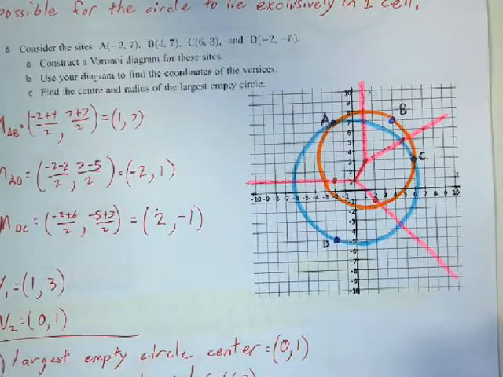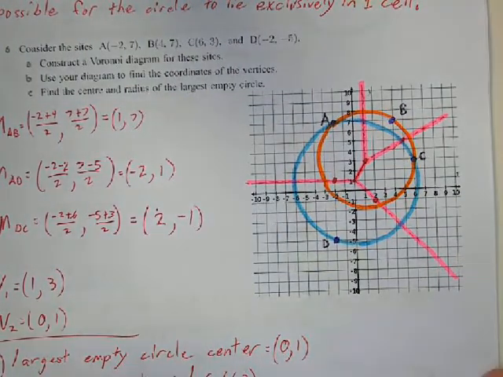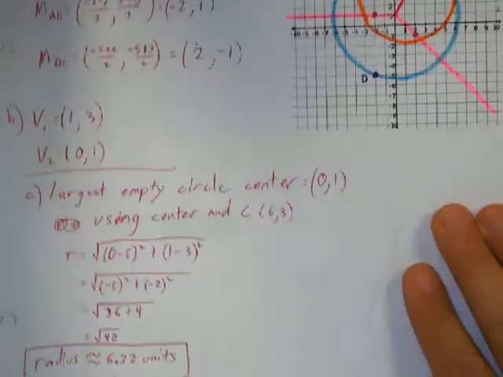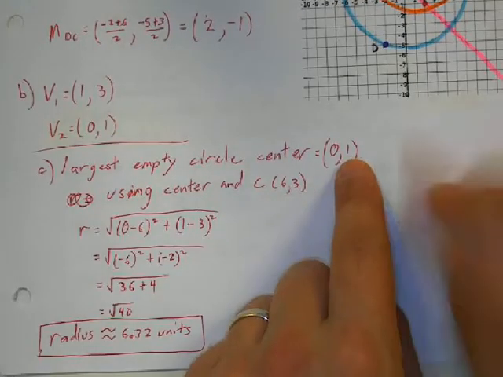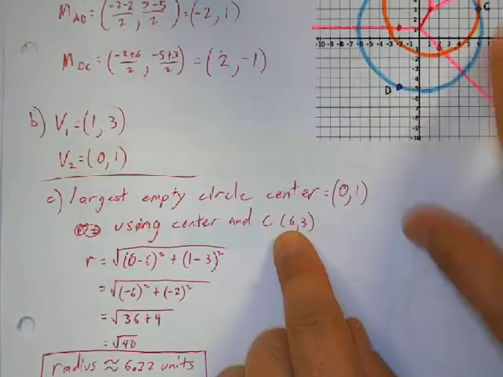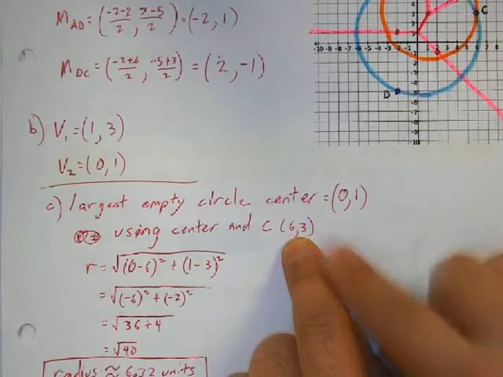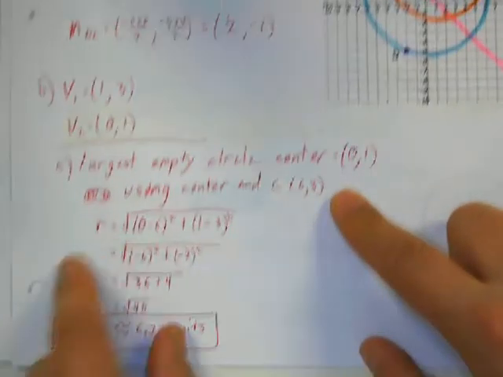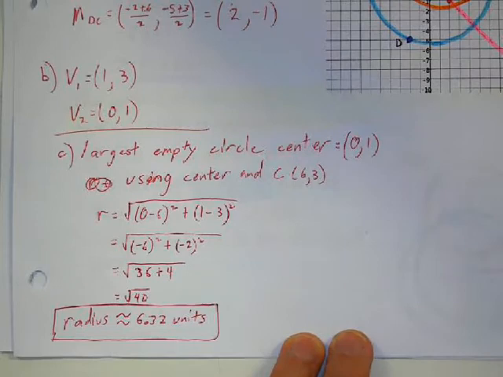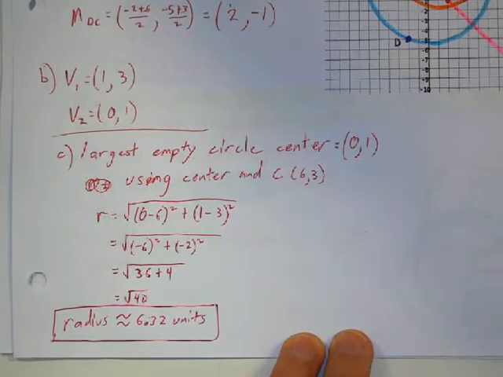Just from looking at it, you can see that the blue circle is bigger. So I know the center of the blue circle is at (1, 0), and I pick a point at random. I'm going to pick C (6, 3), and then I can plug it in the distance formula and find the radius. Hit pause to copy this down if you need to.